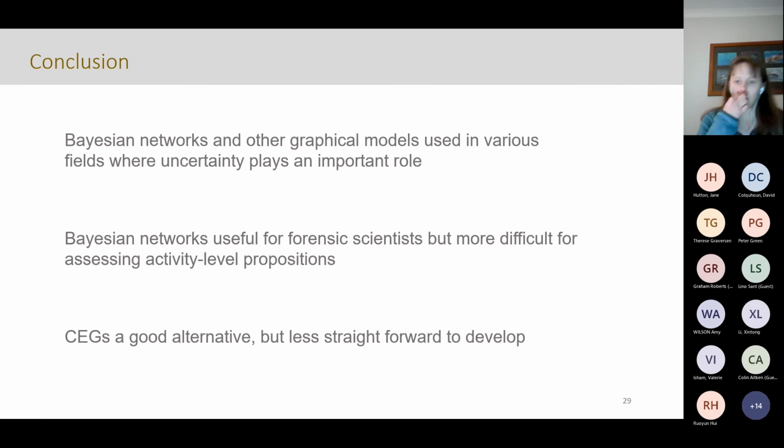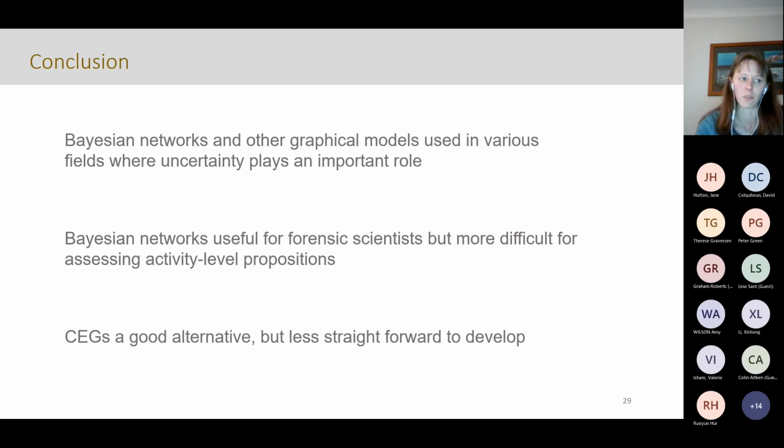But what can we conclude about this kind of work? Well, we tried to use Bayesian networks and we were coming along with some quite good results, but we found it difficult to include some expert information in Bayesian networks. We also found it difficult to include a temporal aspect to the network. So we decided to try something a bit different and to look at these chain event graphs as an alternative.